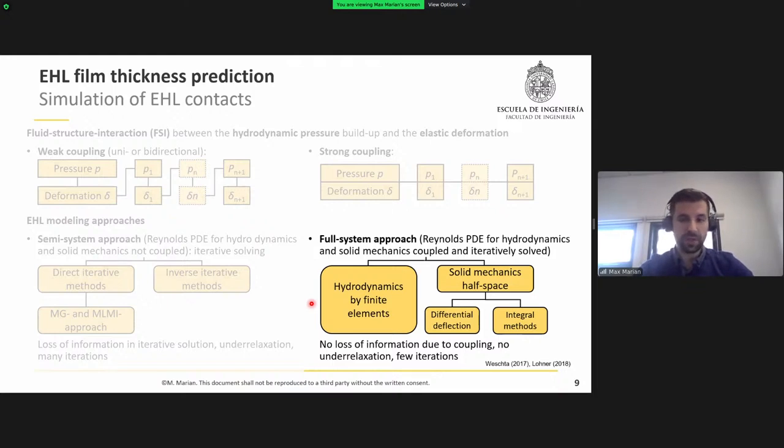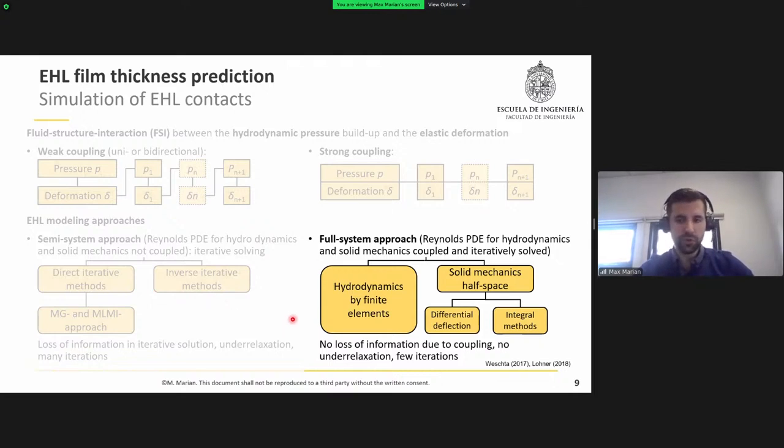In the past, for example, already for simple point contacts, this has led to the fact that calculation was limited solely by the computer hardware, and this was one of the main reasons why in the past the weakly coupled solutions have dominated.